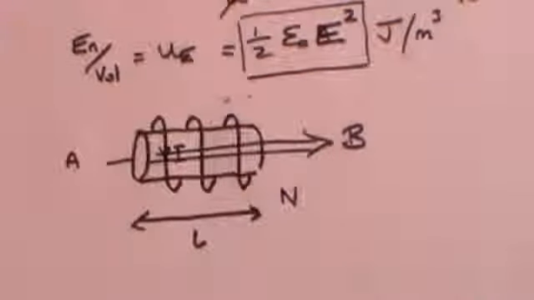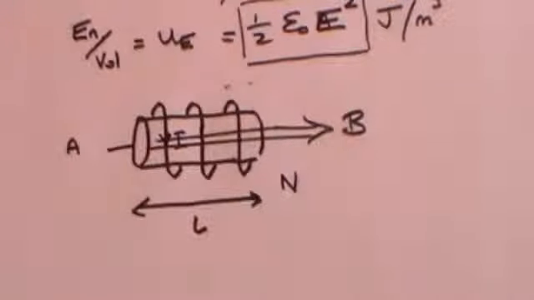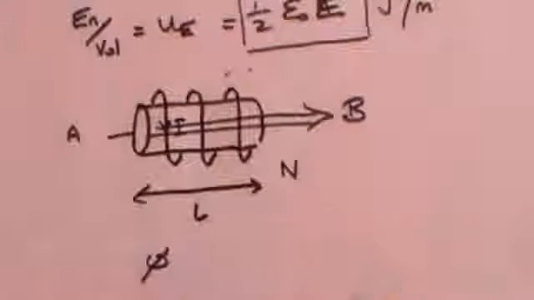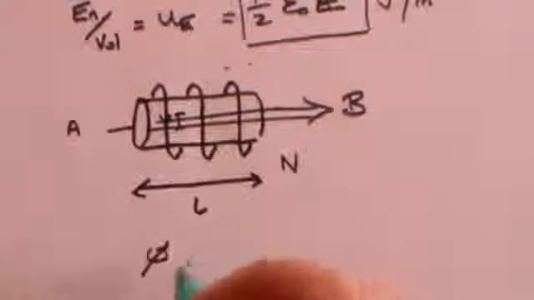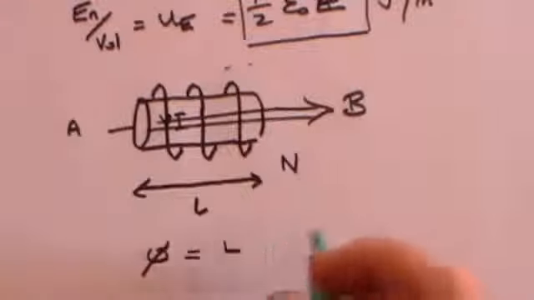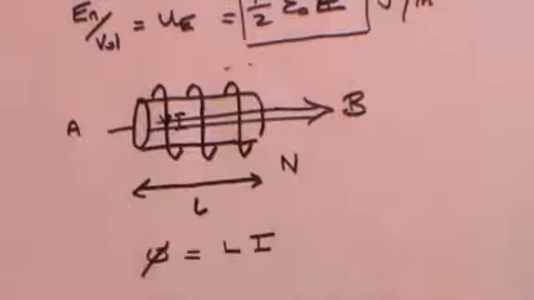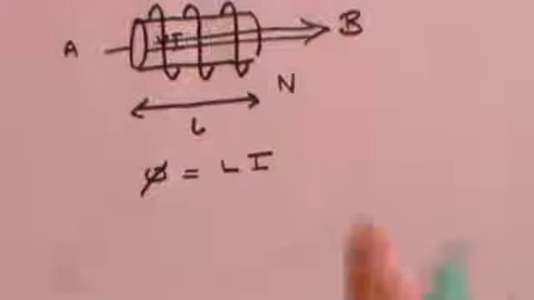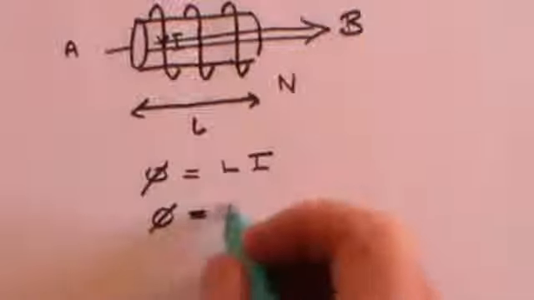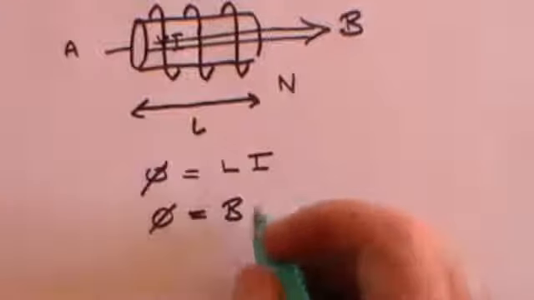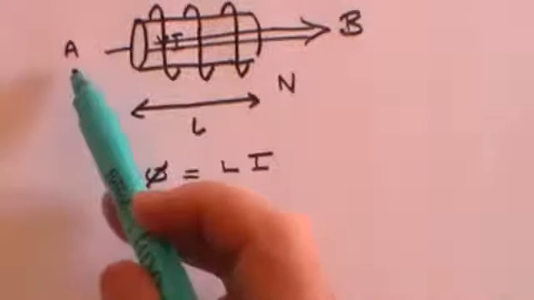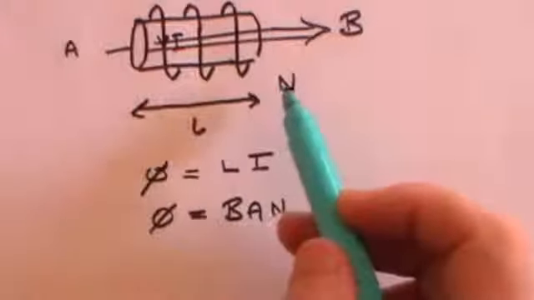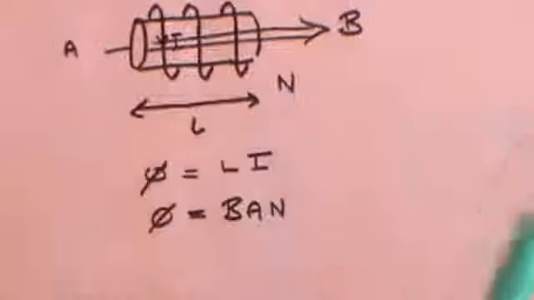Now, from the video on resistance, reactance and inductance, we learnt that the magnetic flux is equal to the value of the inductor times the current that is flowing. From the videos on electromagnetic induction, we know that flux is equal to B, the magnetic field, times A, the area, times N, the number of turns of the wire.